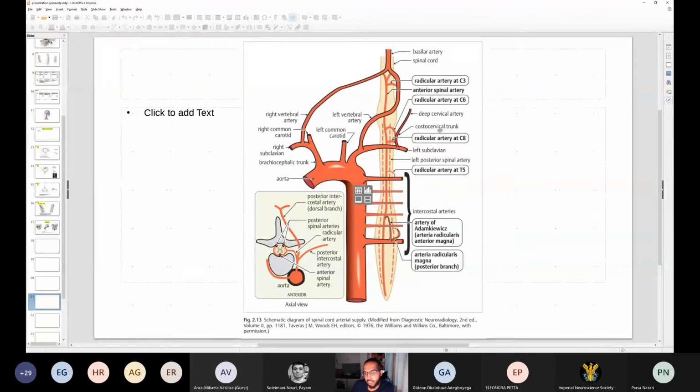And here you also have a T5 level radicular artery coming from the intercostal arteries. So these are the intercostal arteries, and this one supplies the anterior spinal artery at this level at T5.